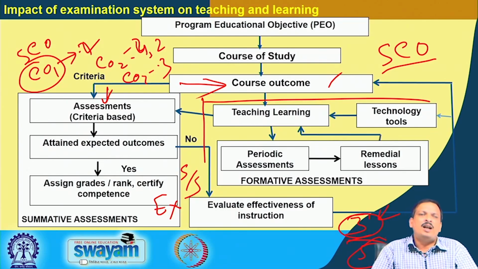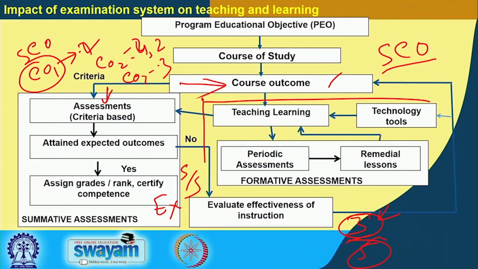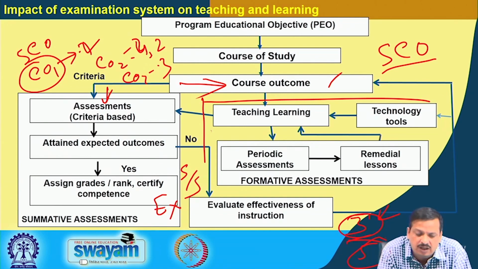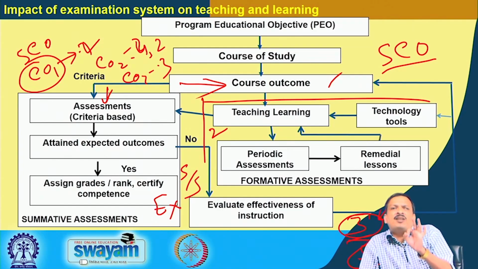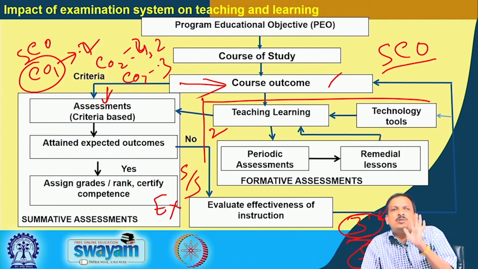Now, I take an examination, and I find 80% of the students do not achieve attainment in, let us say, CO number 2. 80% of the students fail to achieve CO number 2. So, what should I do?